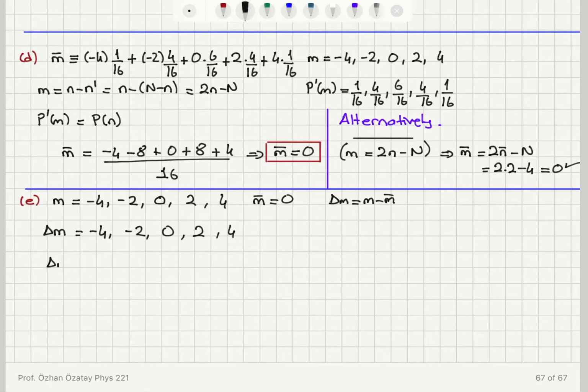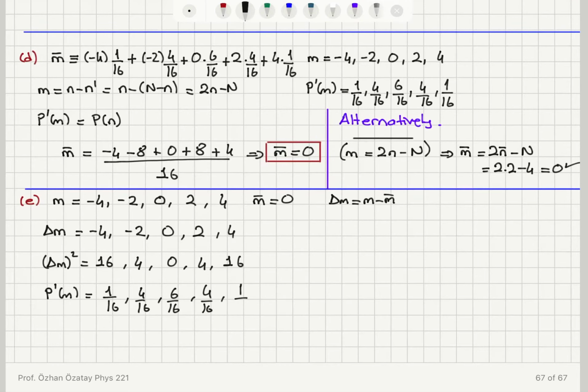The corresponding squares of the deviation values, delta m square, will be 16, 4, 0, 4, 16. The corresponding probabilities: 1/16, 4/16, 6/16, 4/16, and 1/16.